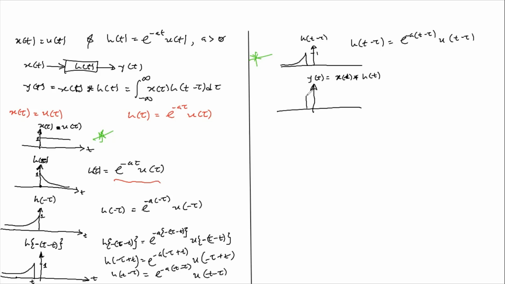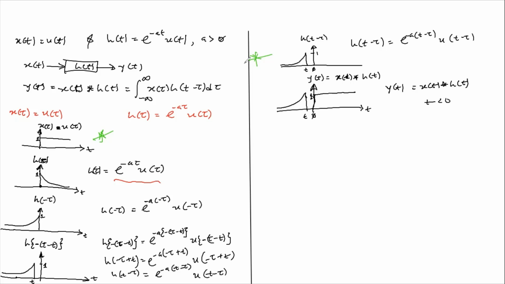What we have here is this: this is 0, this is 1, this is t, and this is 1 times t, this is 0. So at this point we see that y of t is the same as s of t convolved with h of t for t less than 0.